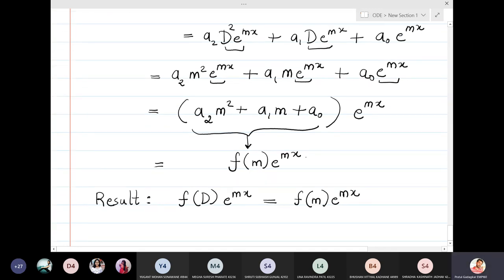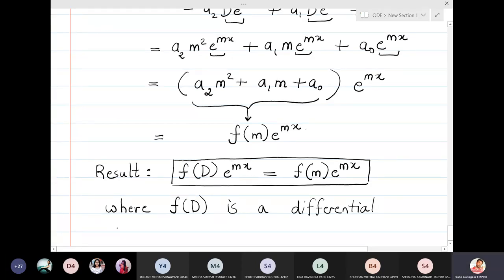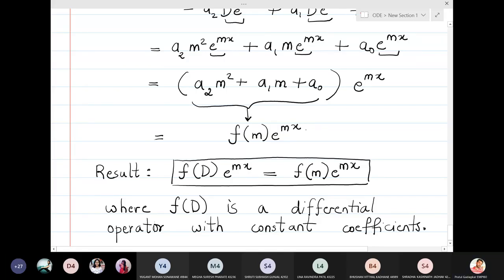So we have proved this using the above criteria, where f of D is a differential operator with constant coefficients.